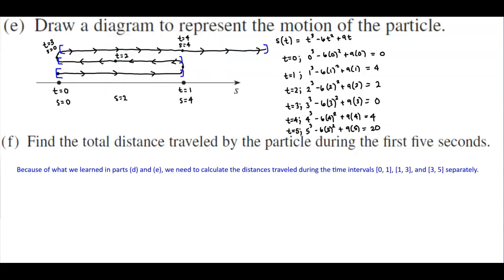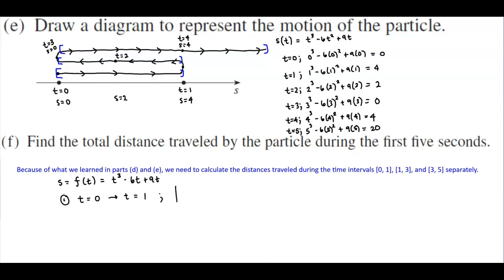We're using the position function f of t, which is equal to t cubed minus 6t squared plus 9t. First, we want to find the distance traveled from t equal to 0 to t equal to 1.